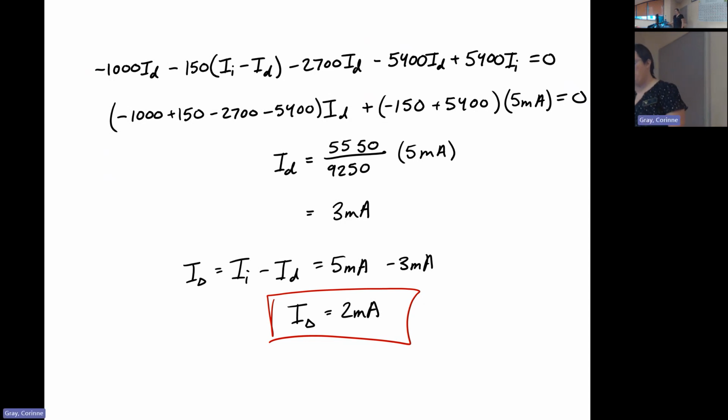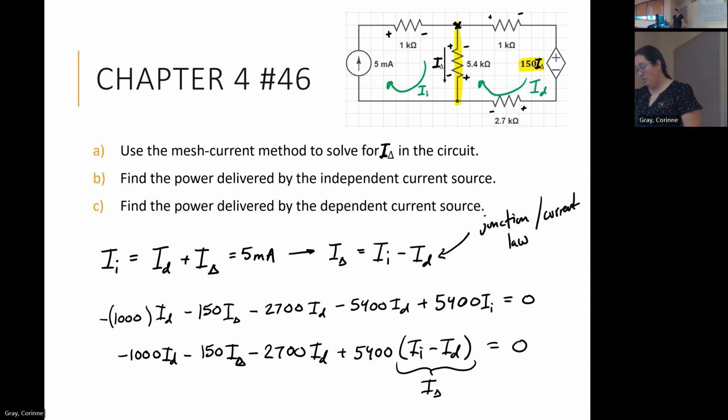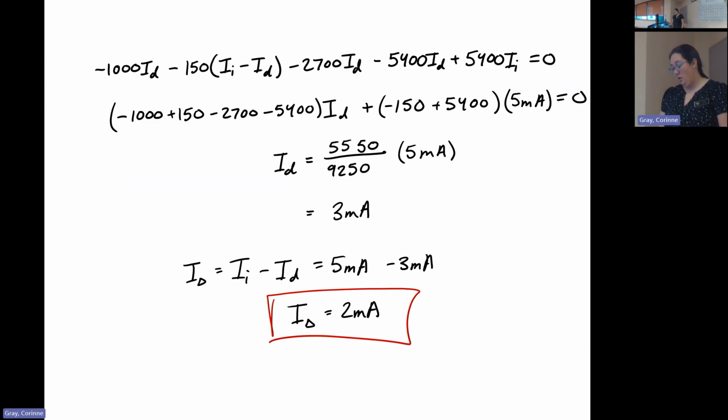So for B, we're finding the power delivered by the independent current source, and C is the power delivered by the dependent current source. We have so many equations for power.